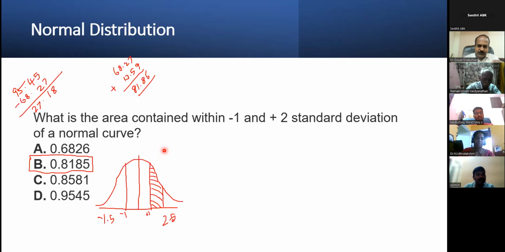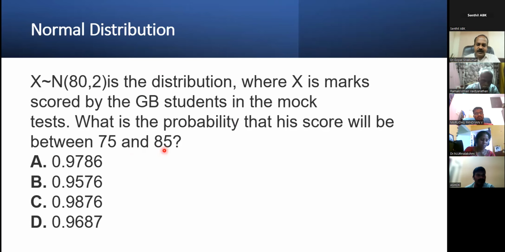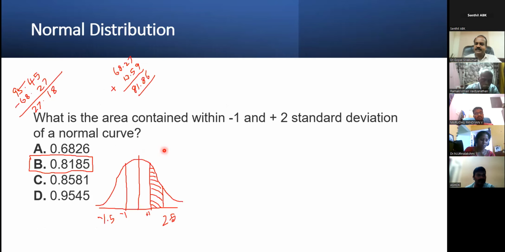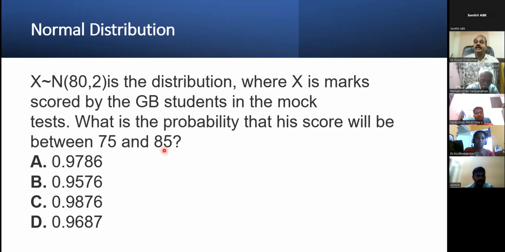We know in terms of standard deviation, 68.27, 95.45, 99.73. But in terms of standard deviation, it's a hypothetical, statistical scenario. But what you see in my slide is a real-time scenario. So can you convert the real-time scenario into a statistical scenario?